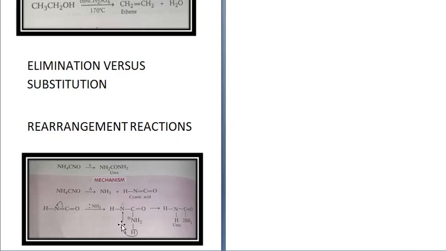Okay, to the negatively charged nitrogen, hydrogen will be shifted and you will get NH2, and this has given one of its hydrogen, so it will remain CNH2 double bond O. So this type of rearrangement of atoms within the molecule, these type of reactions, are called rearrangement reactions.